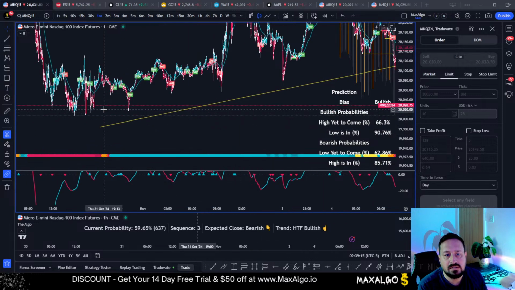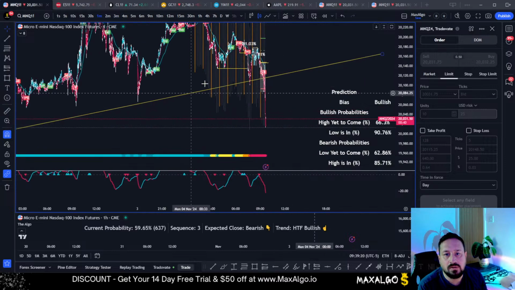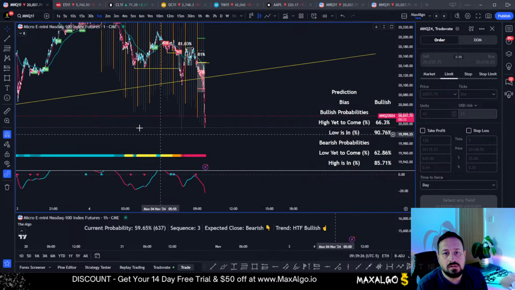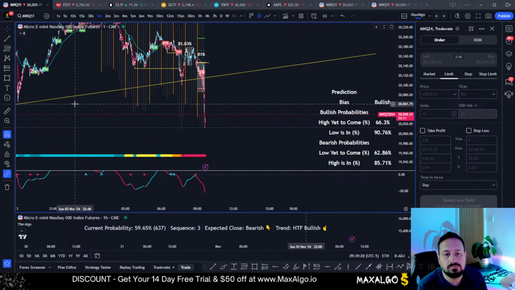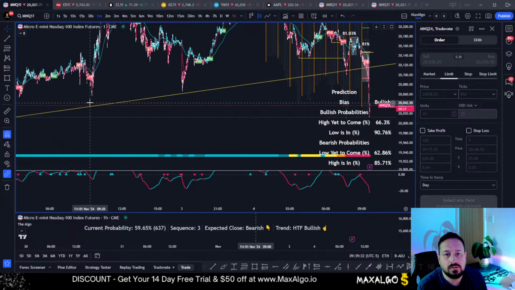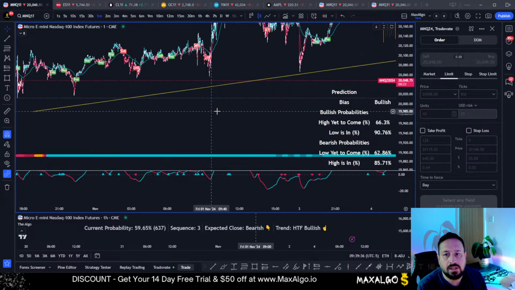Was that yesterday? Thursday. No, it's 2 days. Oh, well, that's yesterday's low, isn't it? Sunday. So we've taken Sunday low, Friday low here. So we've taken that.